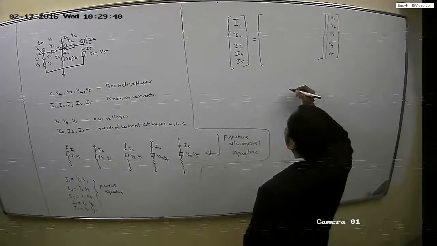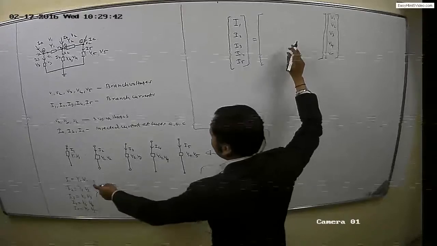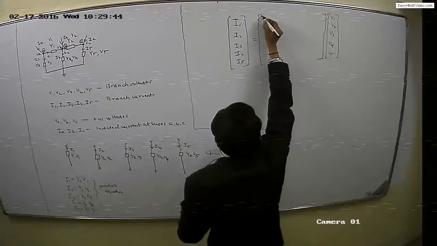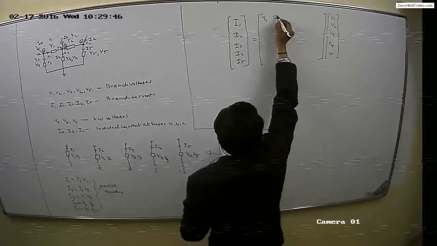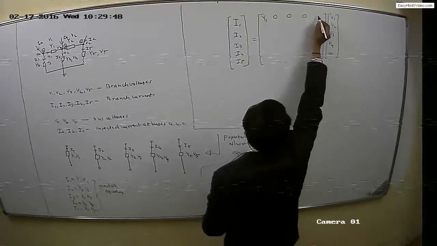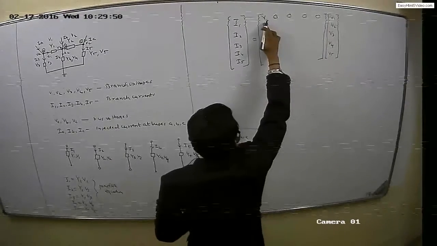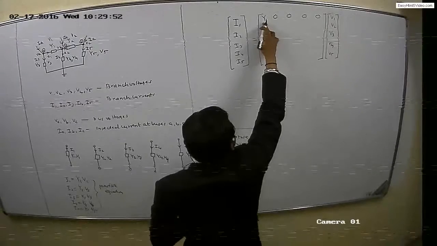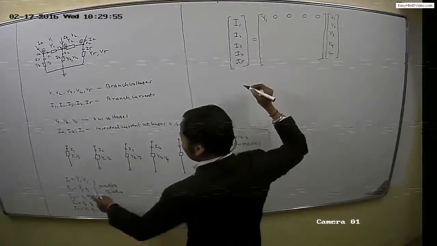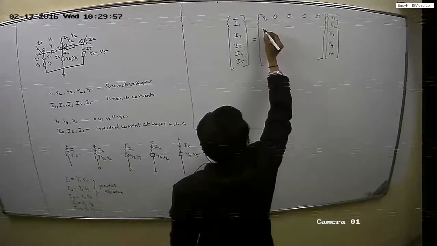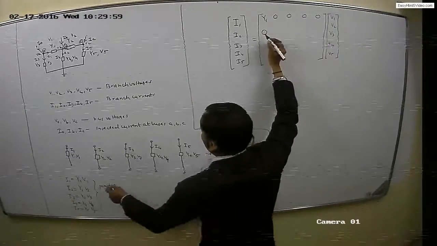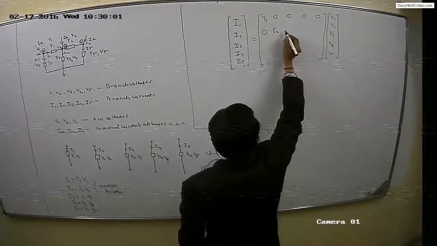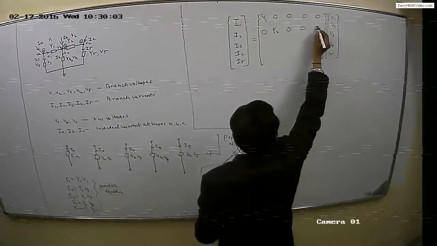Now what should be the elements of this particular matrix? If you observe this equation, can I write Y1, and all other elements will be 0, except this particular first element. And if I observe the second equation, I2 is equal to Y2 into V2, so the second element will be present, otherwise all other elements will be 0.